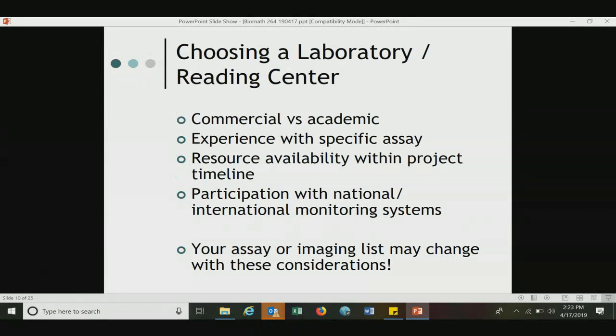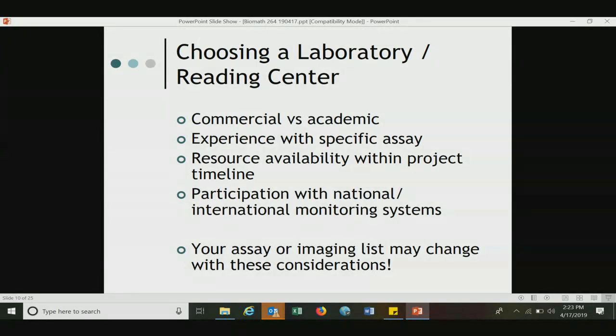Academic labs will often do the unusual things, but they may not be as experienced, and so you may end up with more difficulty getting your specimens assayed, for instance. So for sure you want to find out, do they have experience with the specific assay that you want done?